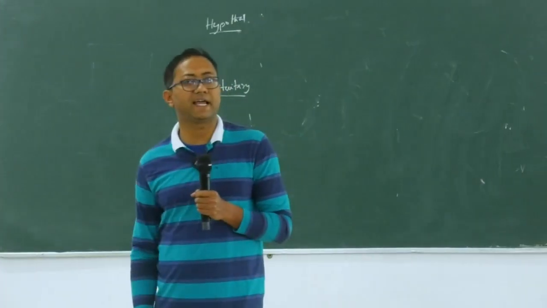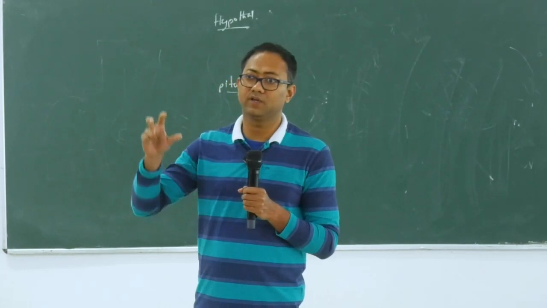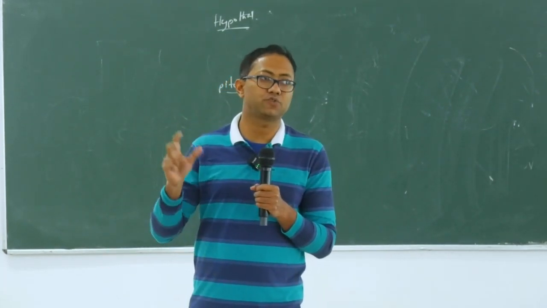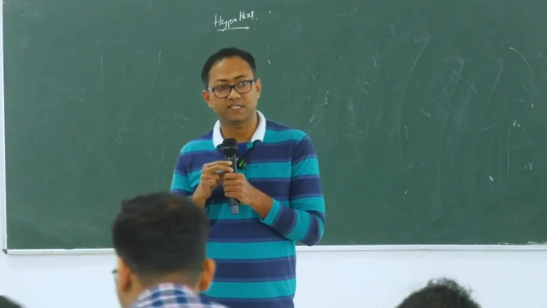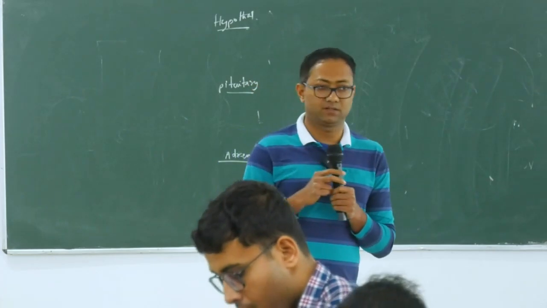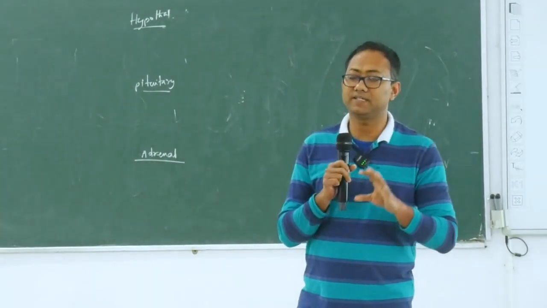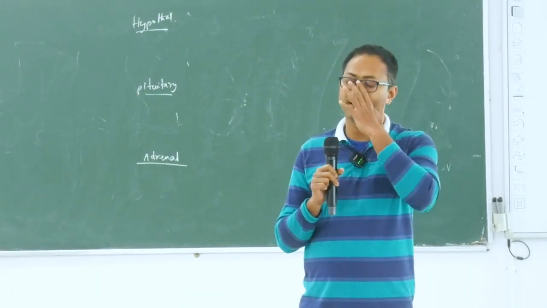We are with the adrenal gland, and I told you this is the hot zone for your examination, right? For both your professional examination and also for your NEET or NEXT, whatever PG entrance examination you are going to appear for. So I have completed adrenal cortex. What are the basics in adrenal cortex?